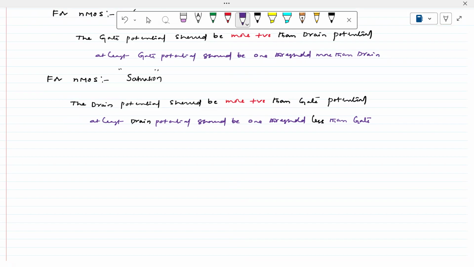Whatever the gate potential is, you reduce one threshold, and you have to apply more than that value. So, more than the difference between the gate and the threshold, right? Drain potential should be more than that.